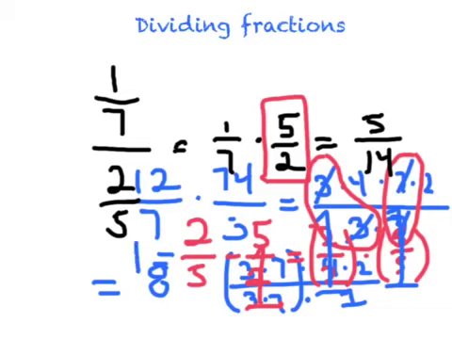So in fact, this is multiply, not subtract. So 5/2 is in fact the reciprocal of 2/5. So 1/7 times the reciprocal of 2/5 is 1/7 times 5/2, and that product is 5/14. And this is how you divide fractions.